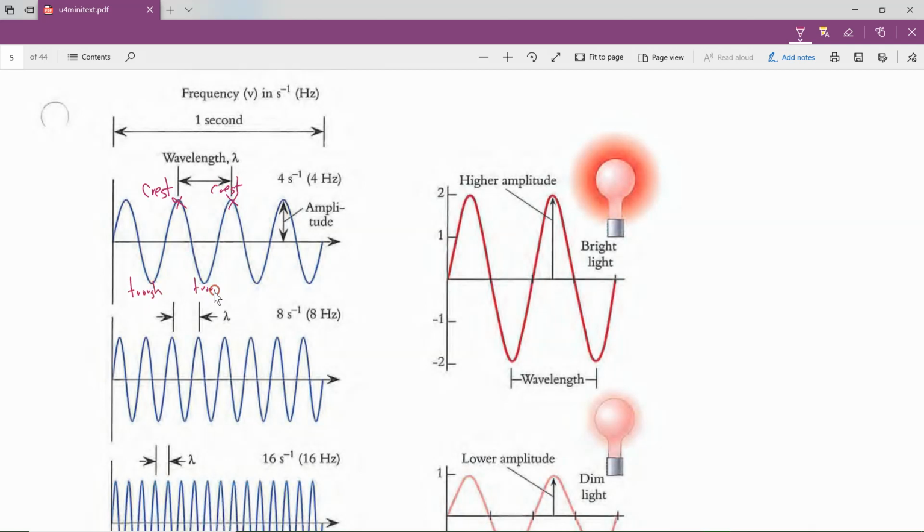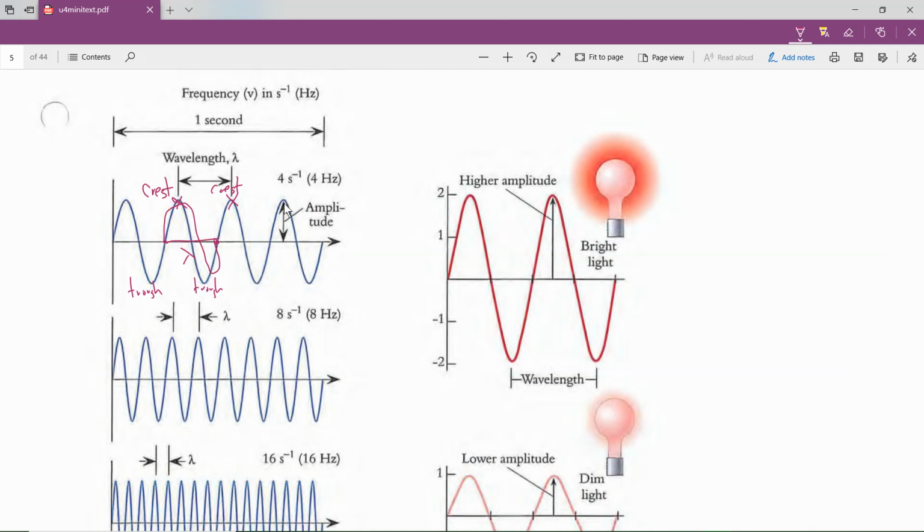Some of you may have also heard the expressions peaks and valleys, which is okay. From one crest to the next is a wavelength. From one trough to the next is a wavelength. In fact, from any point in phase, if I go through one cycle to another point in phase, that is a wavelength. Amplitude is from our equilibrium point, as if there's no energy disturbance moving through, to the top.